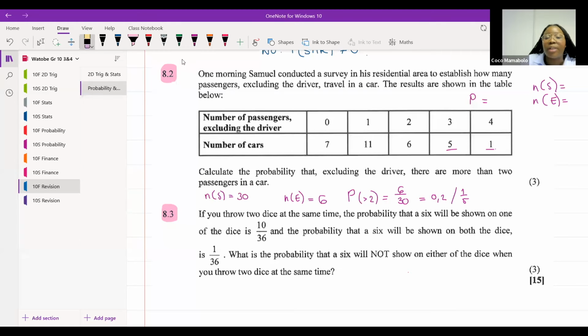I just want us to explore and compare a different option, and see if my thinking behind this might be a bit off. So let's think about the number of cars that don't have any passengers.